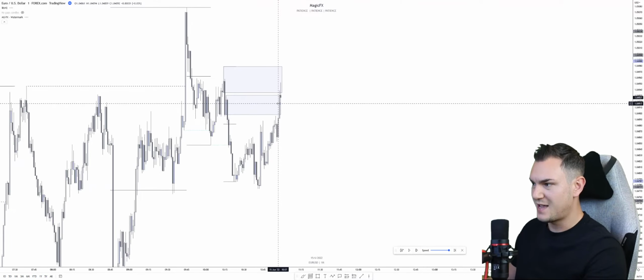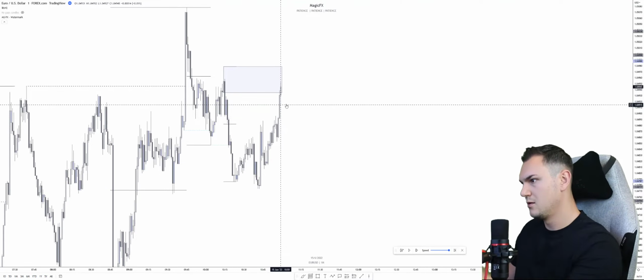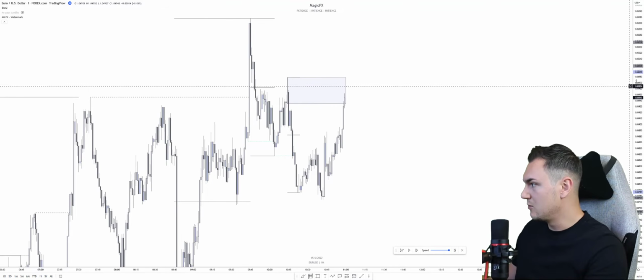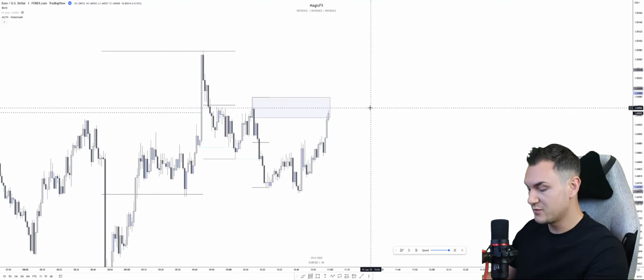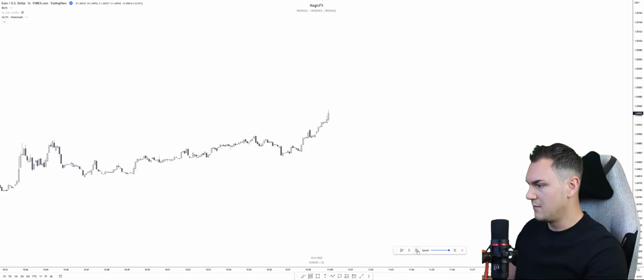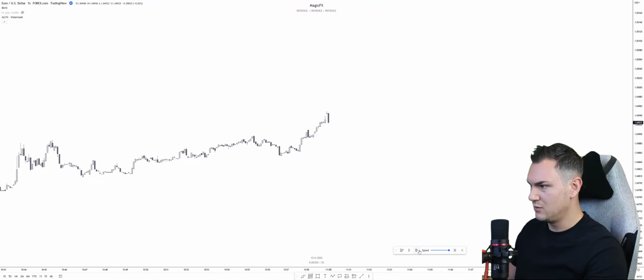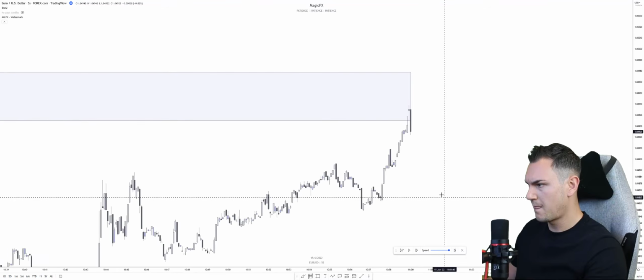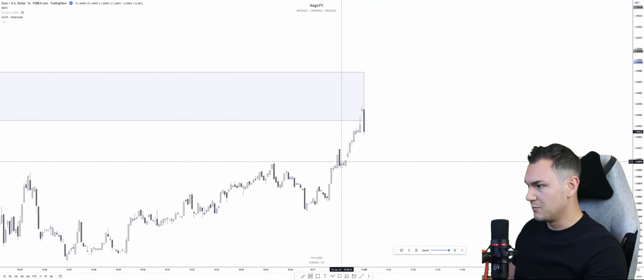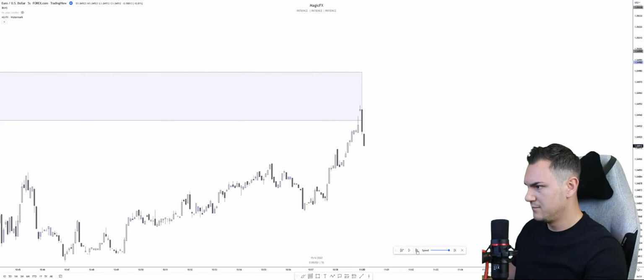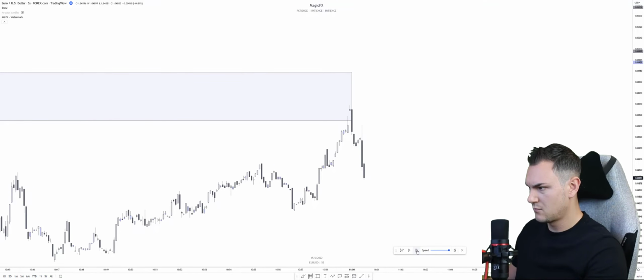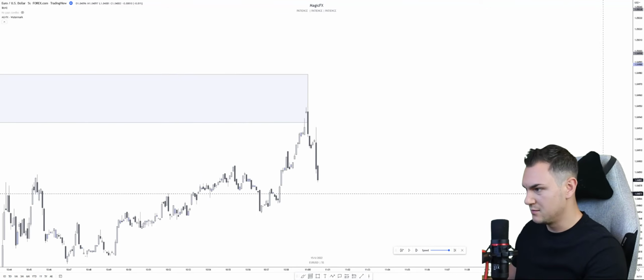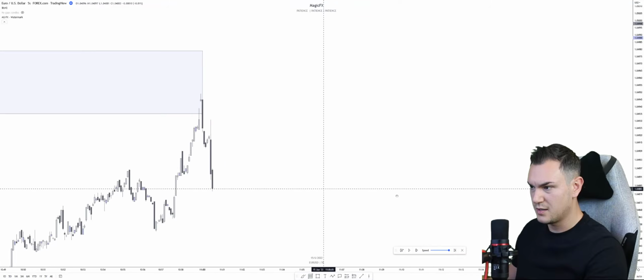Price now has tapped into our extreme zone. So I would be happy from this extreme to take a 5-second entry if it occurs. So let's have a look here. Now, a 5-second BOS would be all the way down here. We get our 5-second break of structure here.